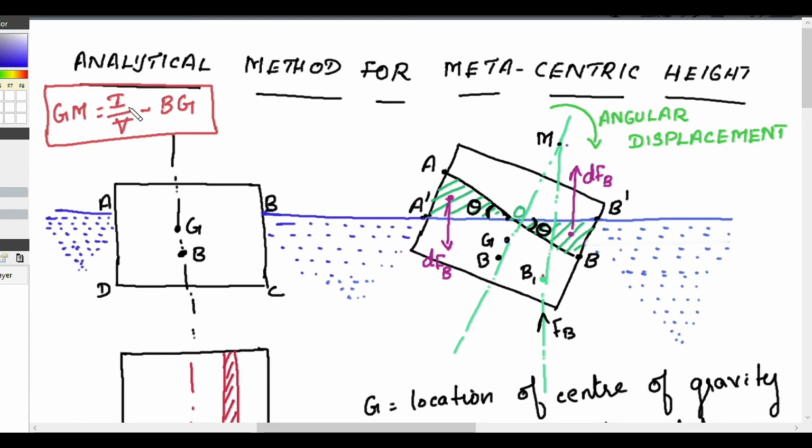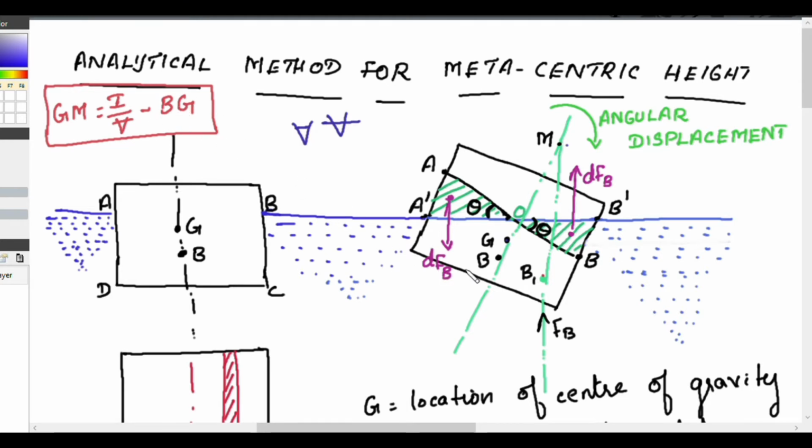I is the moment of inertia of the body about the YY axis. V is the volume of the body immersed in the water. It is nothing but the volume of water displaced. So GM = moment of inertia by volume of water displaced, minus BG.